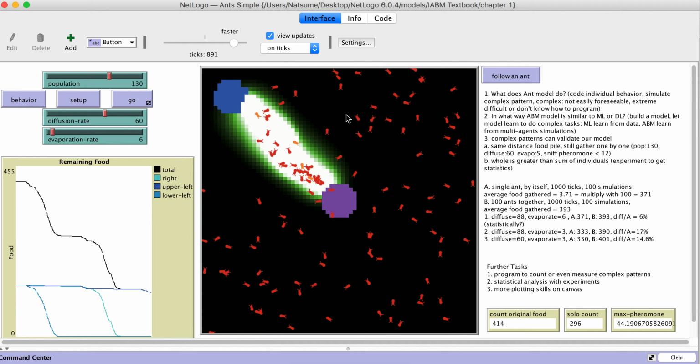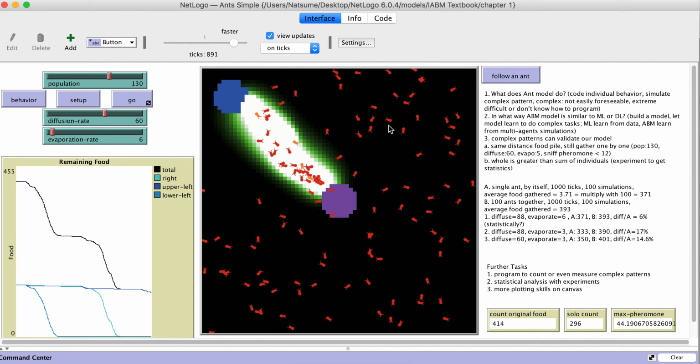So that's another way we can validate our model: if our model is able to reproduce complex patterns. The reason we say it's complex is because in this case, the ant colony as a whole can do much more difficult and complex things than a single ant multiplying itself.